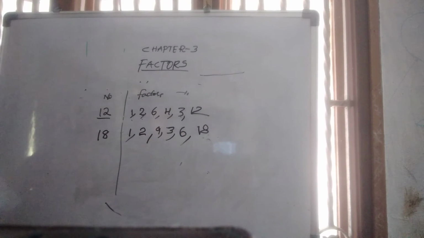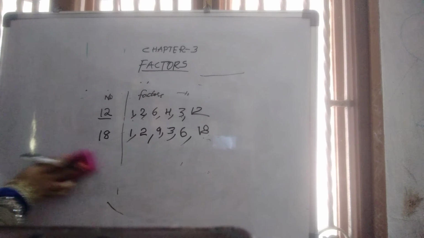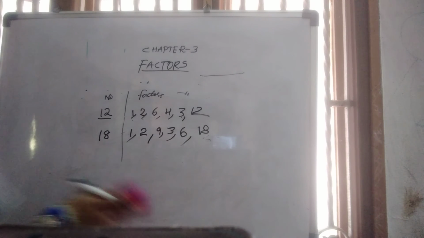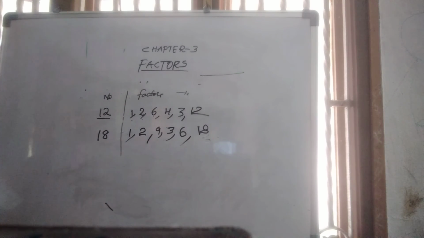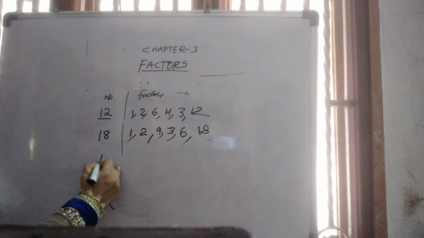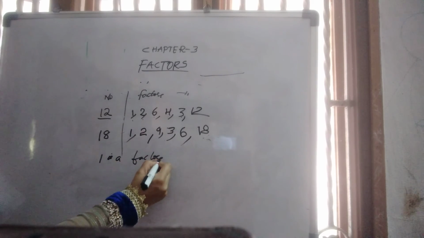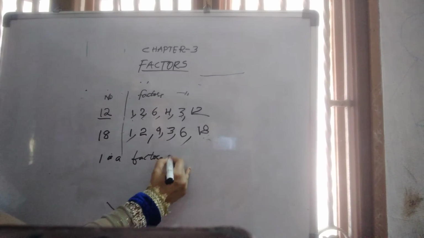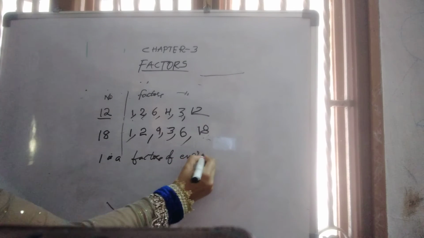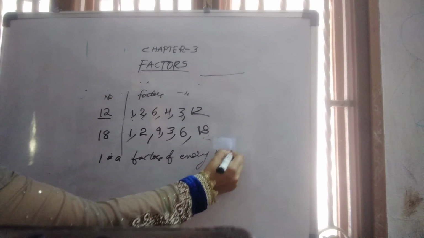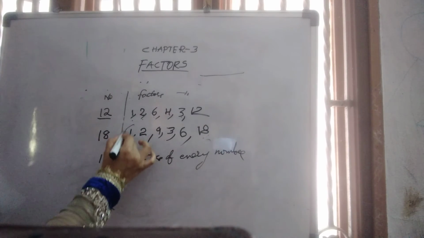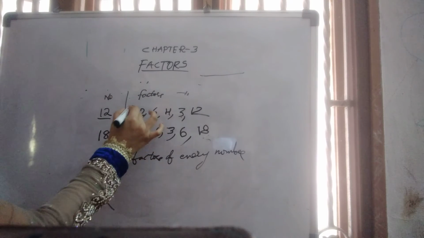From the above table, what have we noticed? 1 is a factor of every number. Here 1 came, here 1 came.